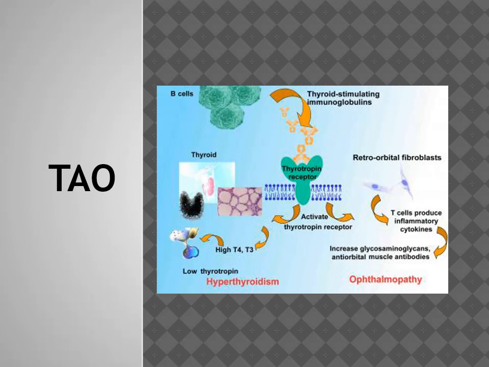This results in an increase of tissue size, which later on turns into fibrosis. So the first stage is edema, and the second stage is fibrosis.